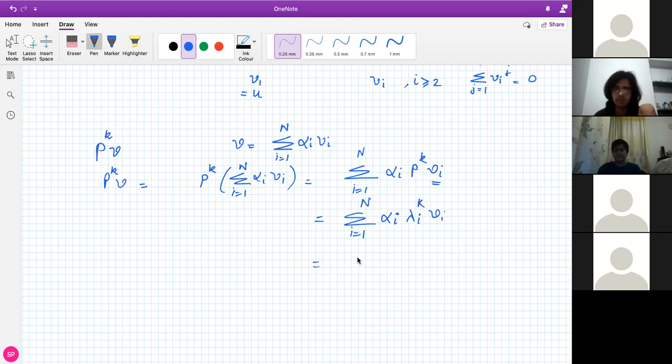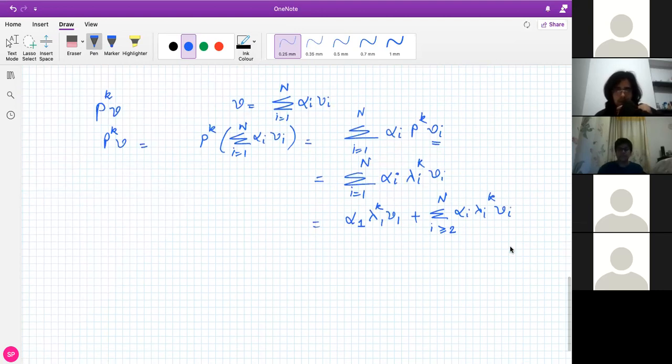Now, this will be actually alpha 1 into lambda 1^k into V1 plus the rest, right? Okay. Now this lambda 1 we saw was 1, and V1 was U, the uniform distribution. And my claim is that alpha 1 is also going to be 1, okay?